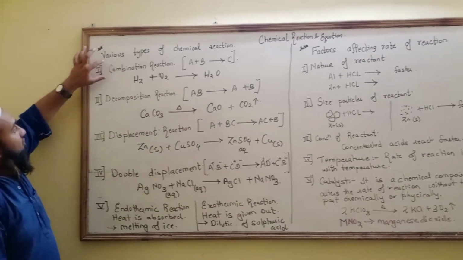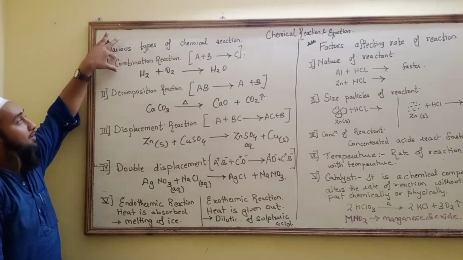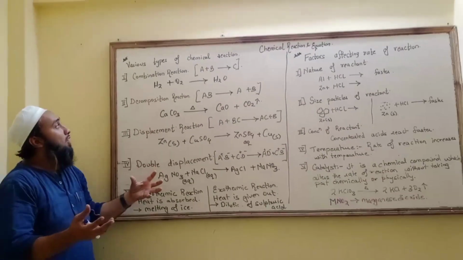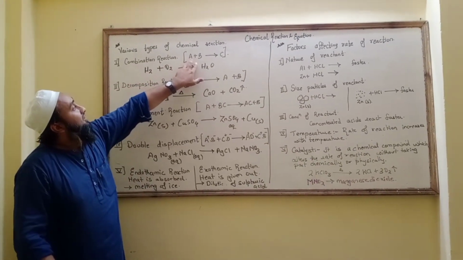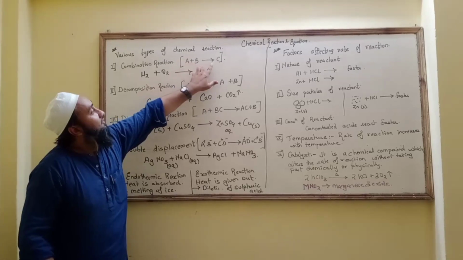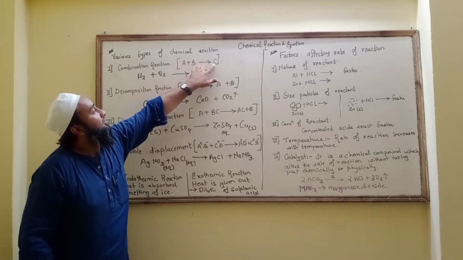The first type is combination reaction. Combination comes from the word combine, and combine means to add. The basic denotation is A plus B giving C, where A and B are the reactants and C is the product.